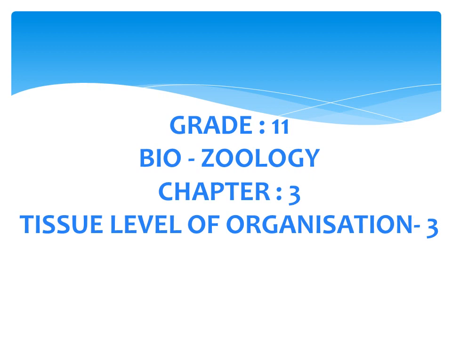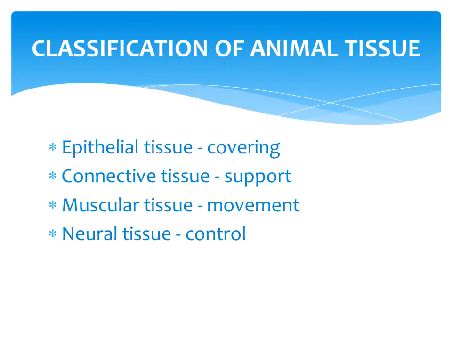So we are in chapter 3 and we are discussing the topic tissue level of organization. Clear? In the previous two sessions, we discussed the classification of animal tissue. Hope you have gone through this.